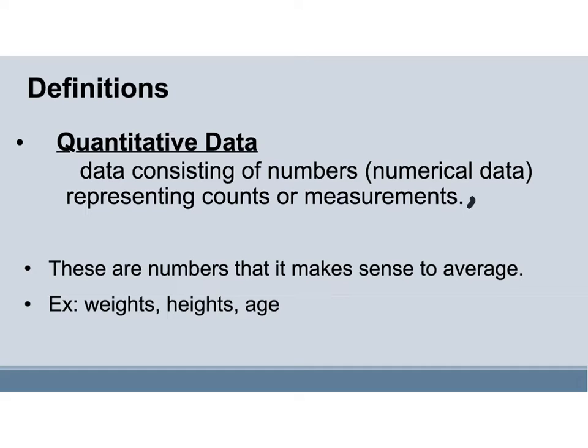Okay, the next set of definitions further breaks down data into quantitative data and categorical data. Quantitative data consists of numbers, numerical data representing counts or measurements. These are numbers that it makes sense to average, like weights, heights, age, most of the numbers we're used to thinking about.